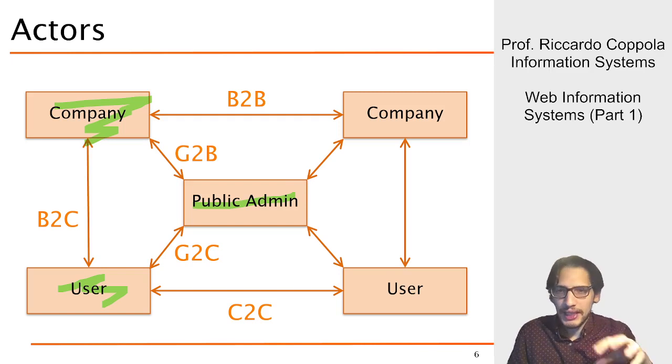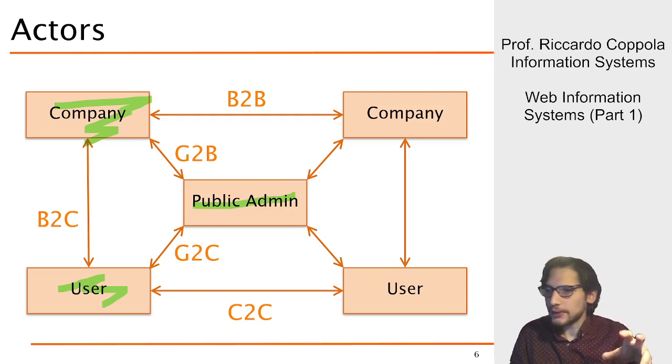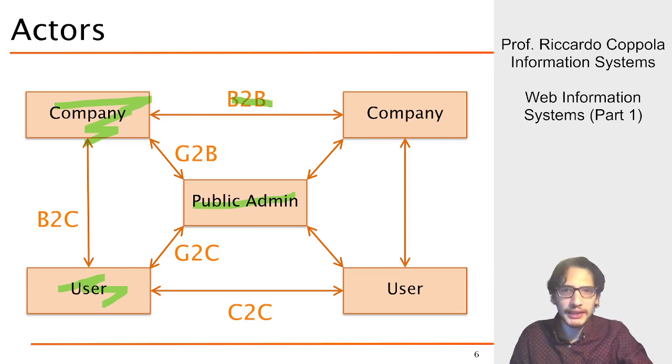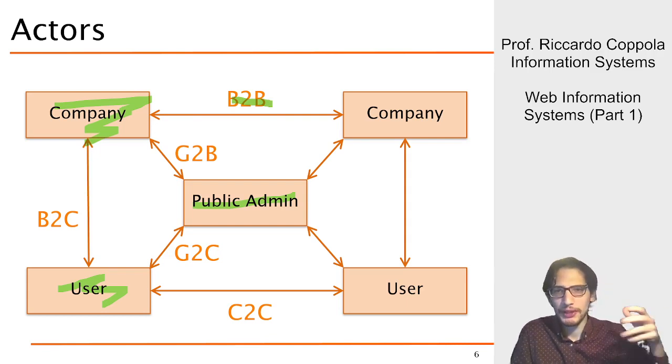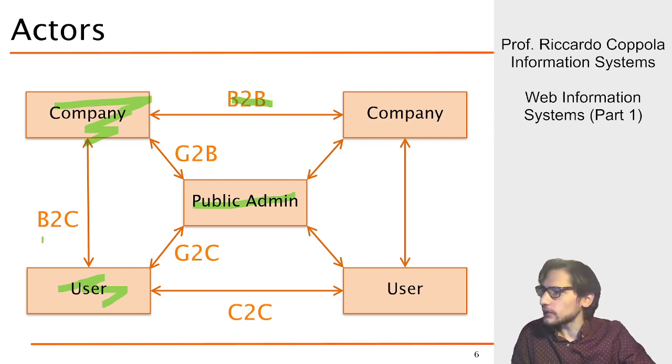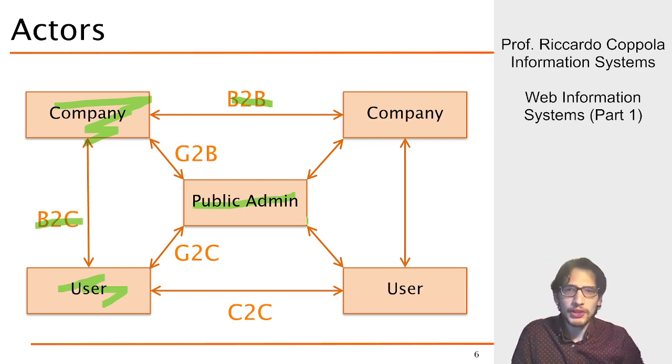Based on these types of actors that can be interested in an information system, we have different types of communications, as you may well know already. Of course we have business-to-business communication, which is the possibility offered by an information system to make possible the communication between different companies. We have also the B2C communication, which means the possibility of a company of interacting with the users through the information system.